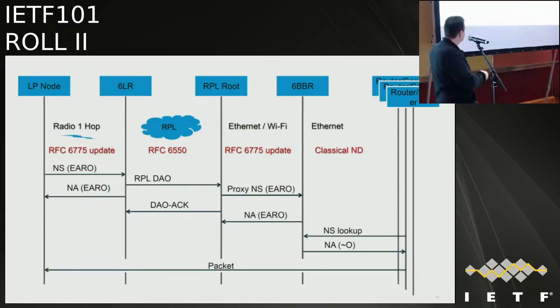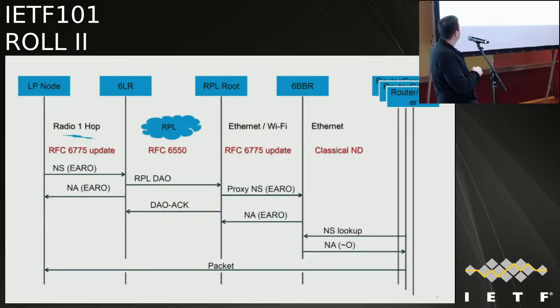The cool thing is, this is done repeatedly every lifetime, right? You want to maintain the registration, the 6LR state, you want to maintain your DAO state in the root and, in storing mode, along the path. And then you want to maintain the ND proxy state. All this requires that periodically this is sent.